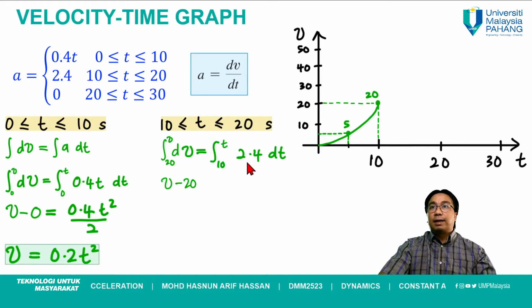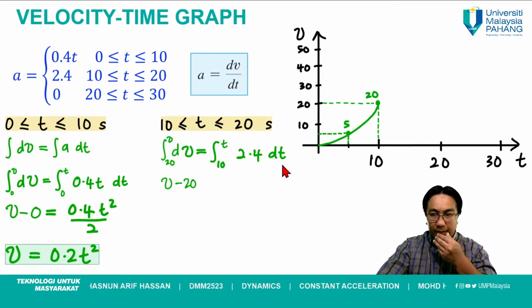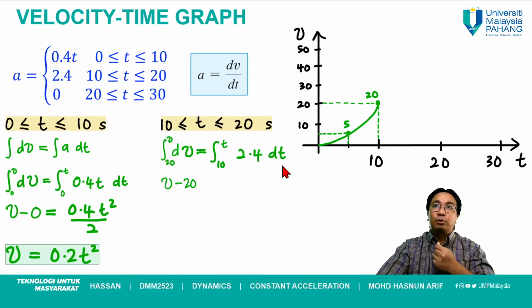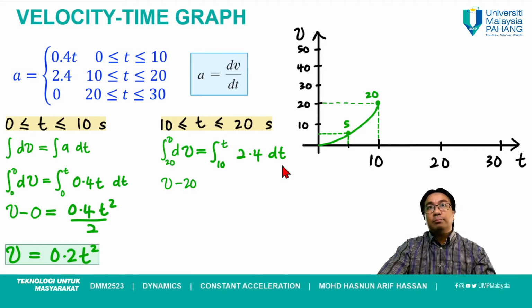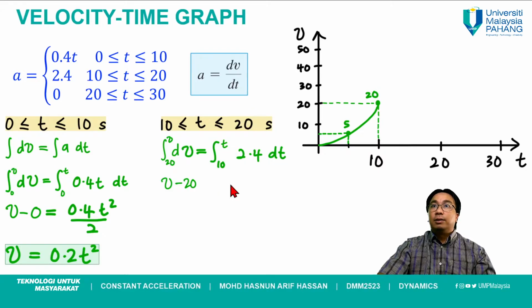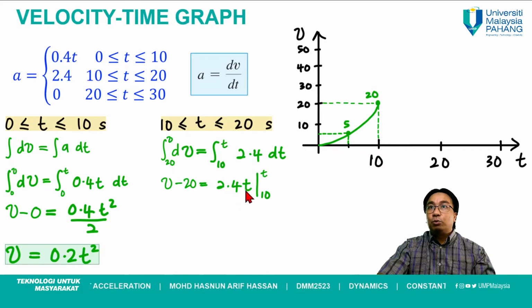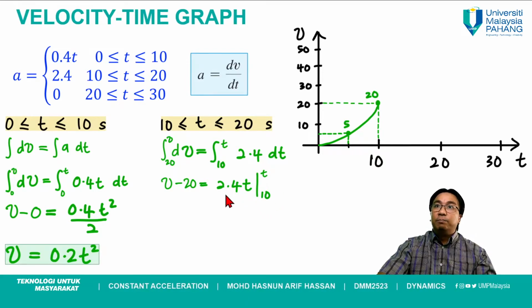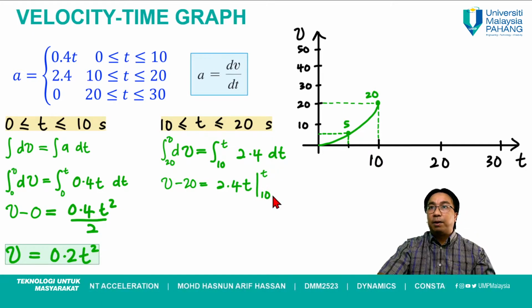On the right hand side, integrate 2.4. What do we get? Anyone? Integrate 2.4. What do you get? 2.4t. Correct, 2.4t. So on the right hand side, you will get 2.4t and then you will substitute upper limit with lower limit. So 2.4t substituting the upper limit, you get 2.4t minus, substituting the lower limit, 2.4 multiplied with 10.